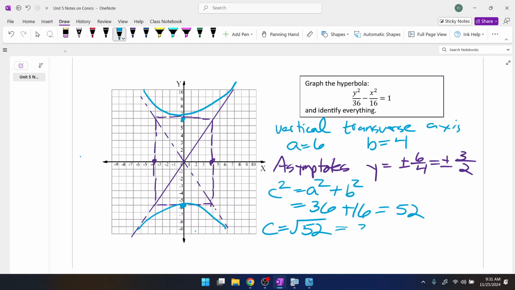I'm not going to be so picky, though, because frankly, it's going to put us right here. And that's what we get. All right. So, any questions on this one?